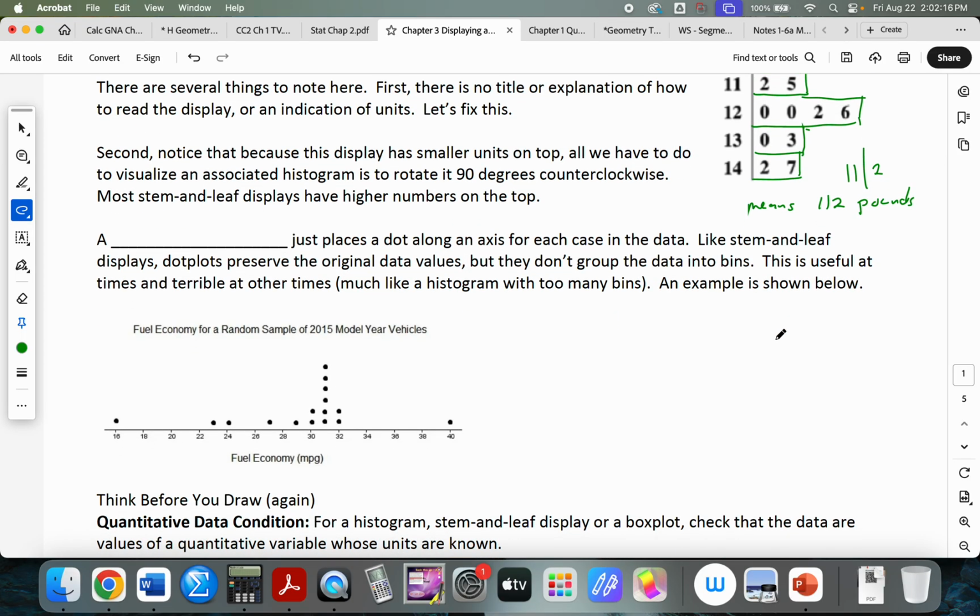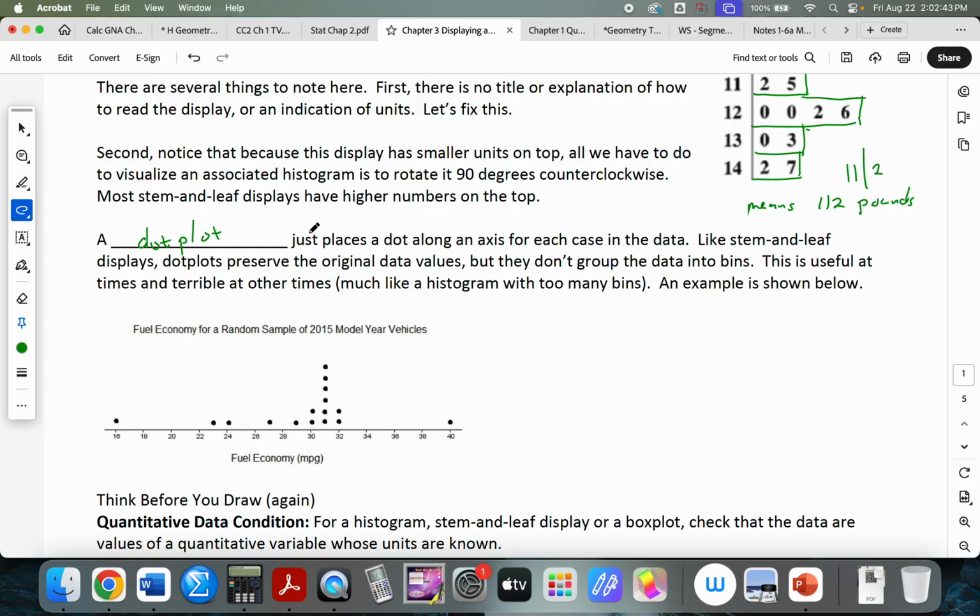So a dot plot, which we've done before in class, just places a dot along an axis for each case in the data. So like a stem and leaf plot, dot plots preserve the original data values, but they don't group the data into bins.